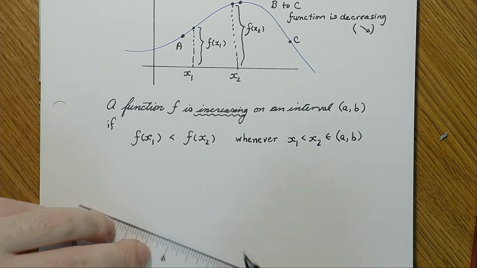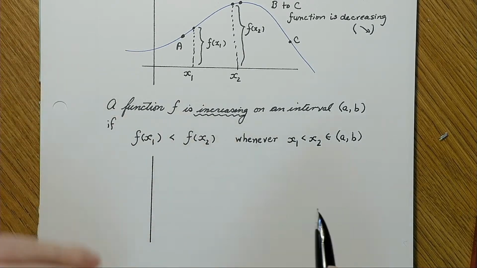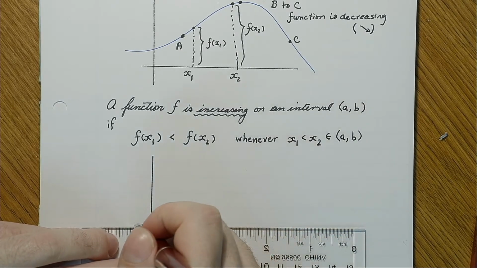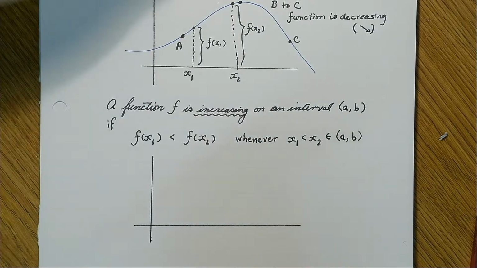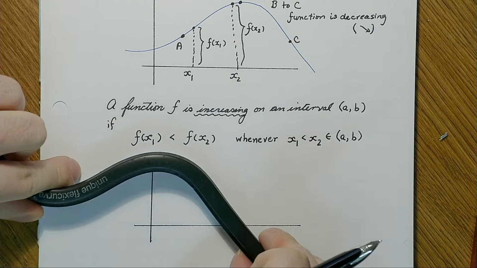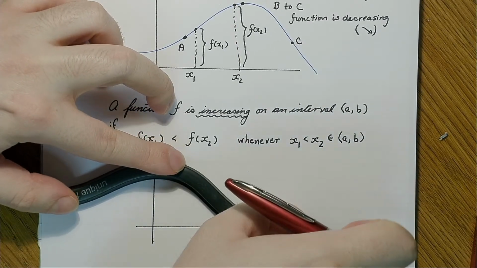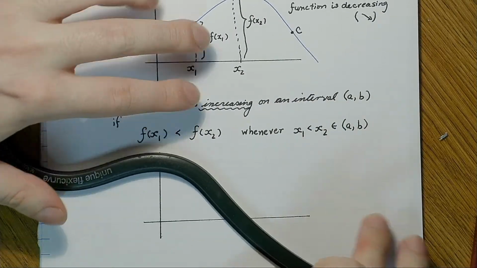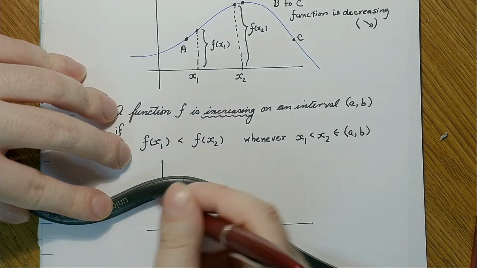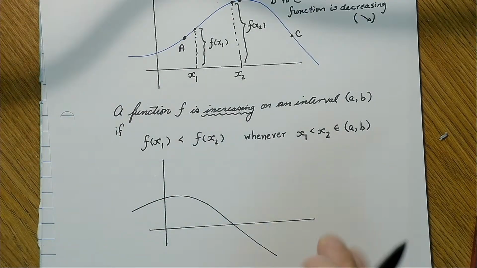Okay, so what I'm going to do is redraw this again. Let's use some sort of downward curve. Some downward curve.